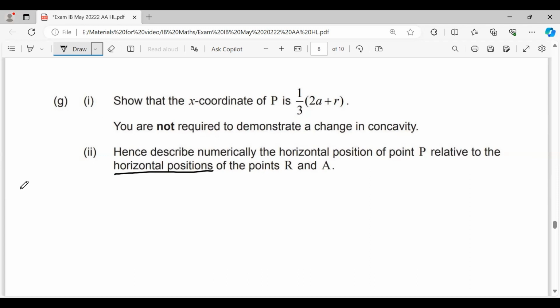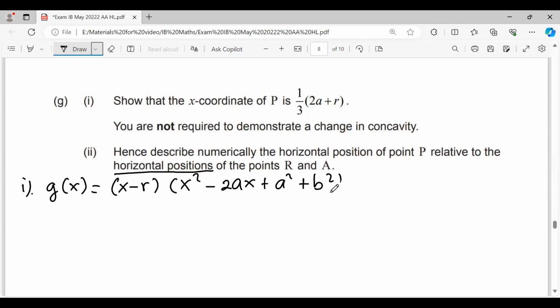So firstly, these functions g x equals x minus r times x squared minus 2ax plus a squared plus b squared.